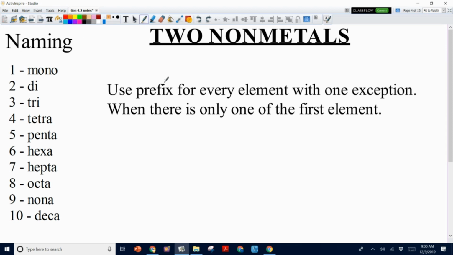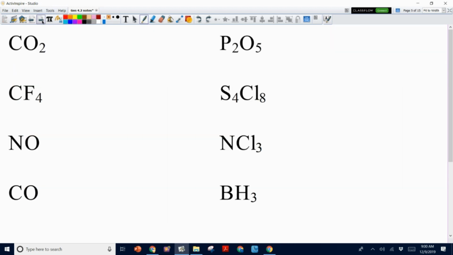All right, and remember, when we're naming, we use prefixes. One is mono, two di, three tri, four tetra, penta, hexa, hepta, octa, nona, deca. So remember those. The only time we don't use a prefix, remember, is on the first element.